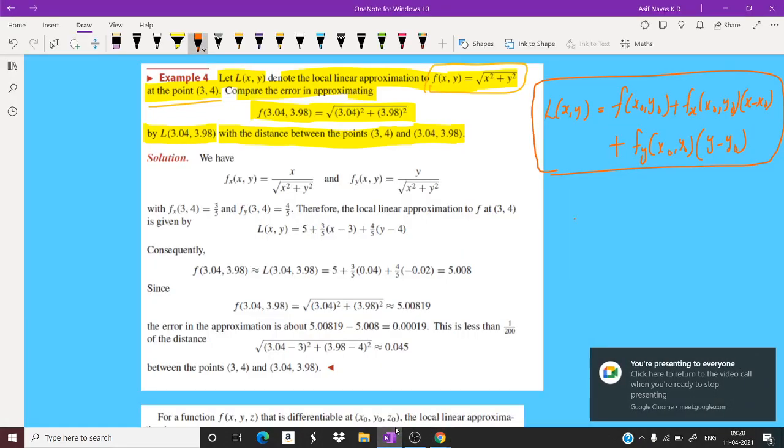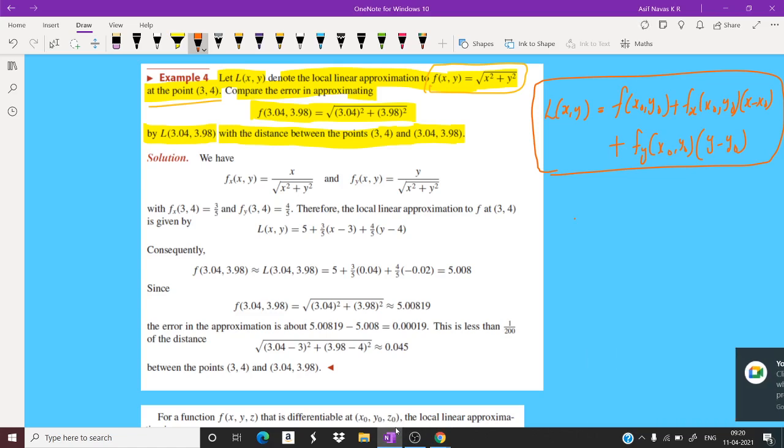So that is the idea for finding local linear approximation, and we have been given the values. We have x₀, y₀ equal to the given point (3, 4).